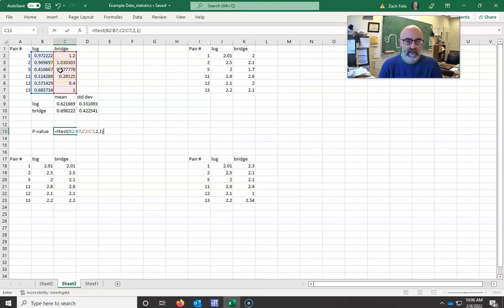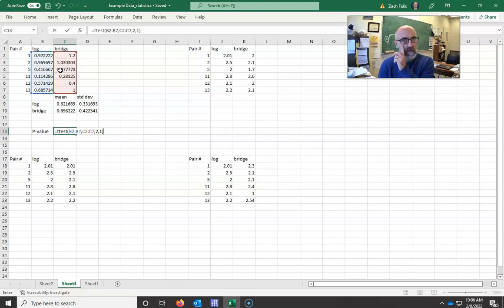Okay, equals t-test. We have array 1, array 2, two tails, paired sample. When you hit enter, the number in that box will be your p-value. And remember, how do you interpret that p-value?